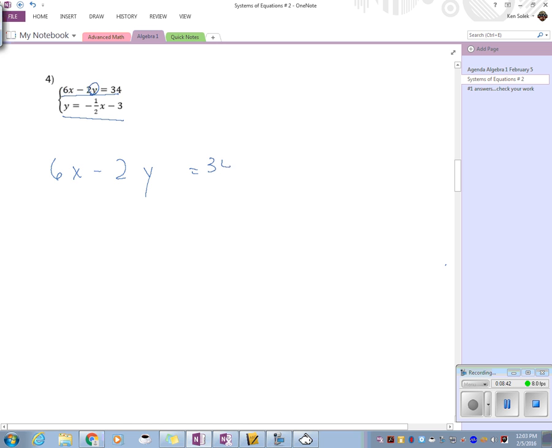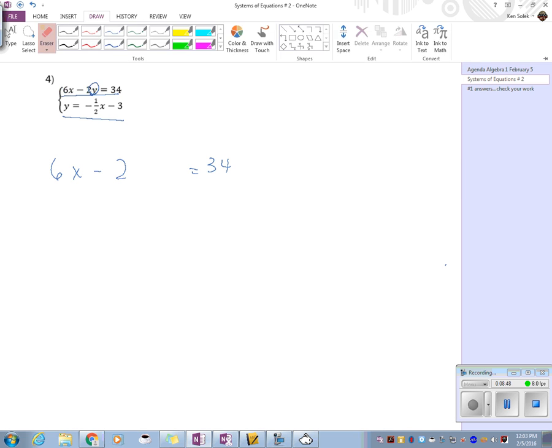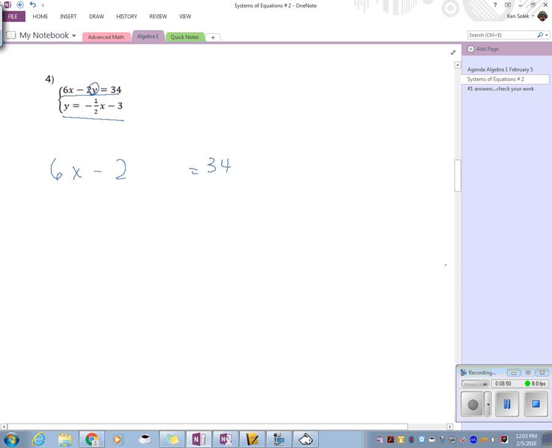Well, in place of y, I'm going to write negative 1/2 x minus 3. And now you need to distribute. Don't let the fraction scare you, because 2 times 1/2 is just 1. And find x.